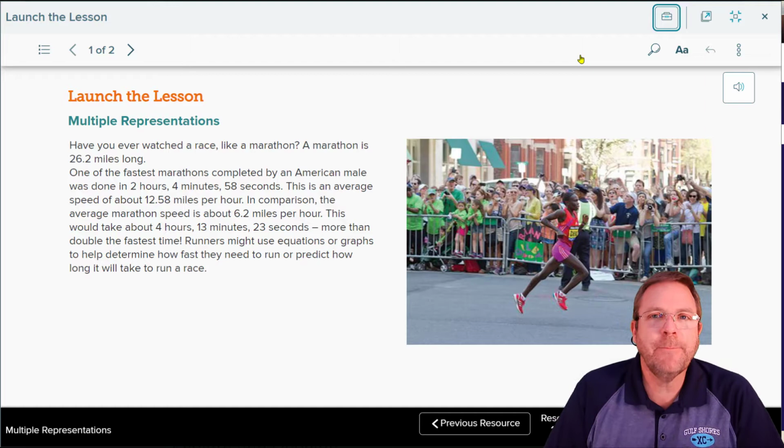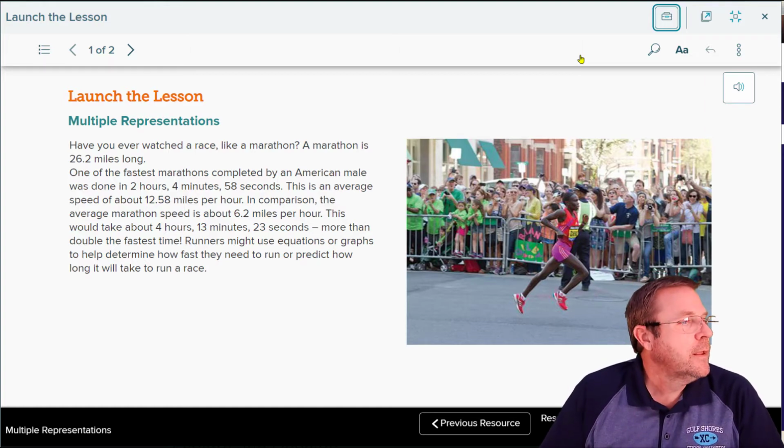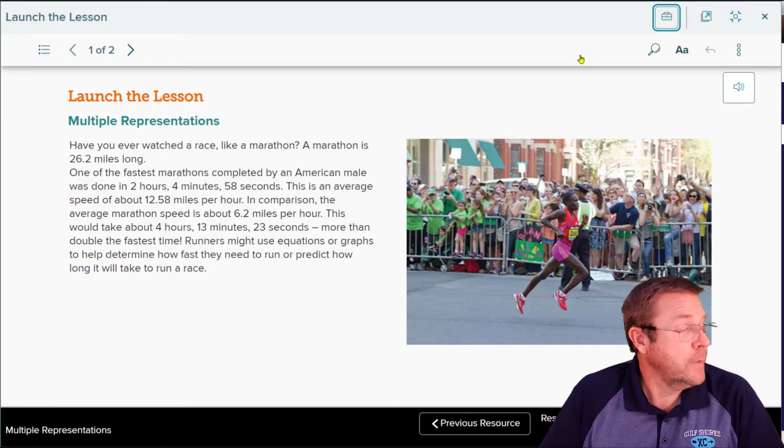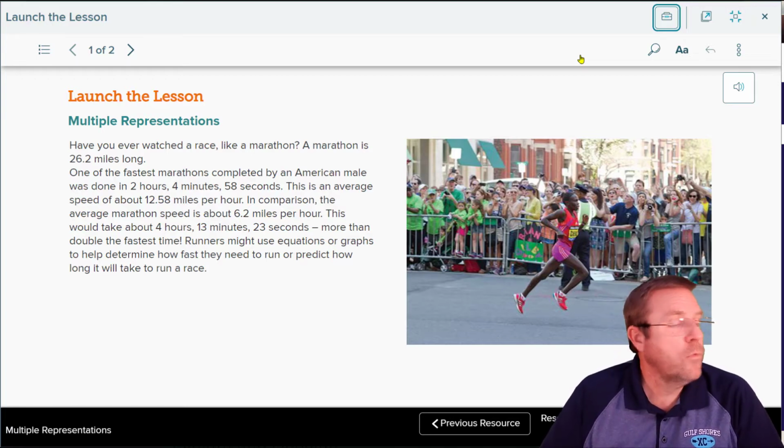Most people cannot bicycle that fast for 2 hours. Says this is an average speed of 12.58 miles per hour. In comparison, the average marathon speed is about 6.2 miles per hour, so he was about double the average marathon speed. And this would take about 4 hours, 13 minutes, and 23 seconds. More than double the fastest time.